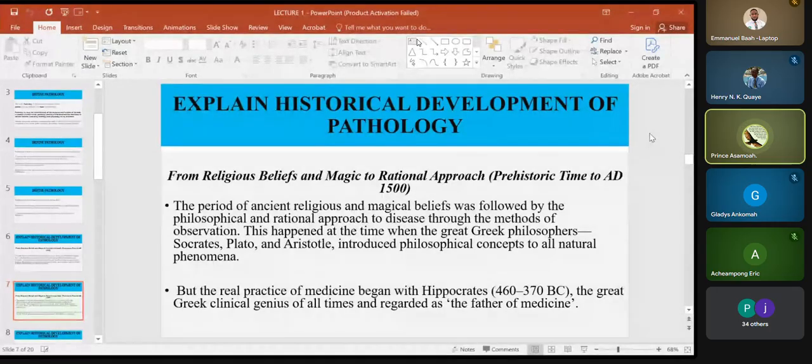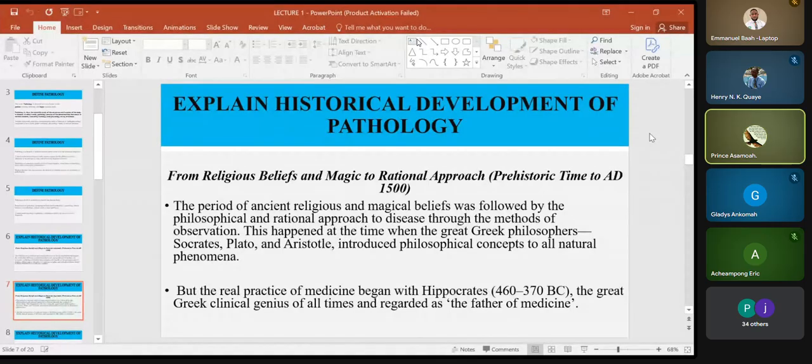So we are in 460 to 370 BC, thereabout. Then we understand that Hippocrates brought to the forefront the real practice of medicine, we are told. But we know people have lived, even from the time of Adam until Hippocrates.